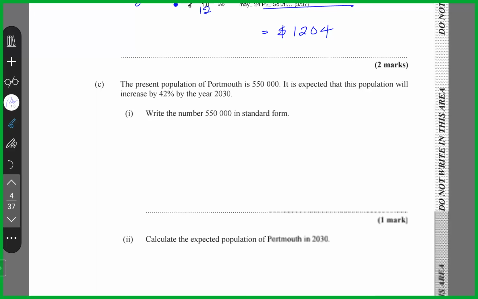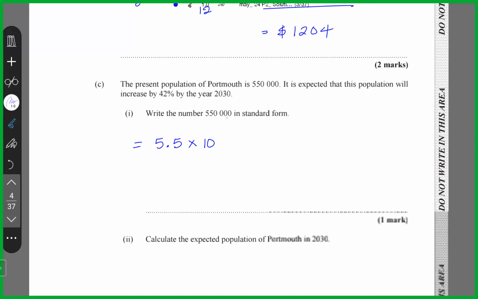after the first significant figure. Or the decimal point must go between the first and second significant figure. So 550,000 is the same as saying 5.5 times 10 to a power. Now the number for the power is the same as the number of times you move the decimal point from where it is originally to get it between the first two significant figures.